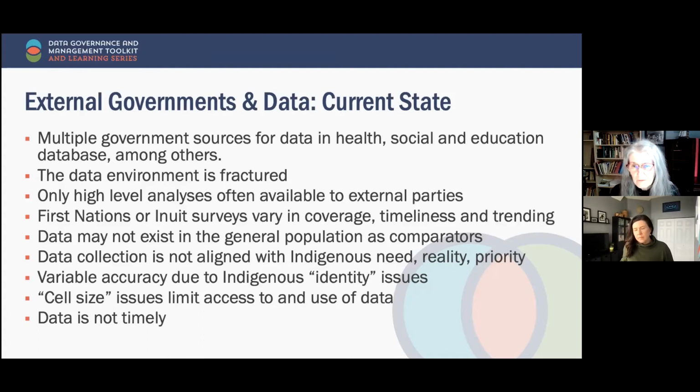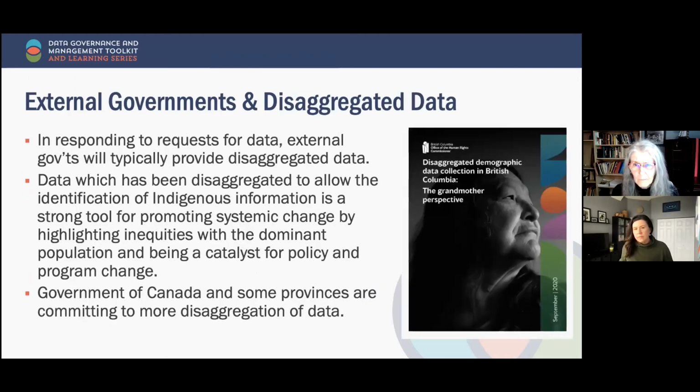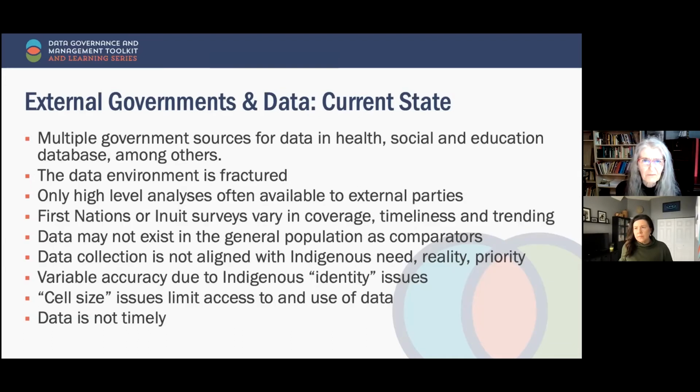There are different patterns of aging, so the age groups that are possible may not necessarily align with the age groups of interest for your population. And there is no positive obligation to collect data that matters to Indigenous people, for sure.